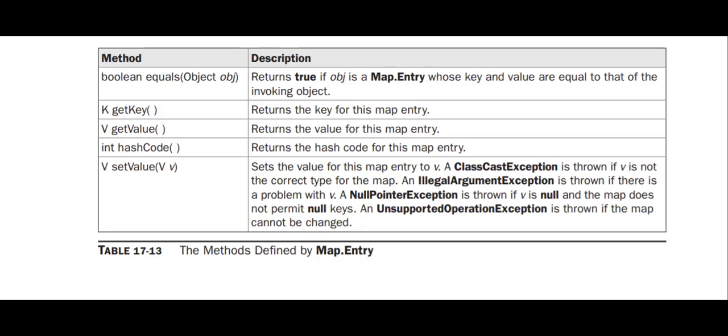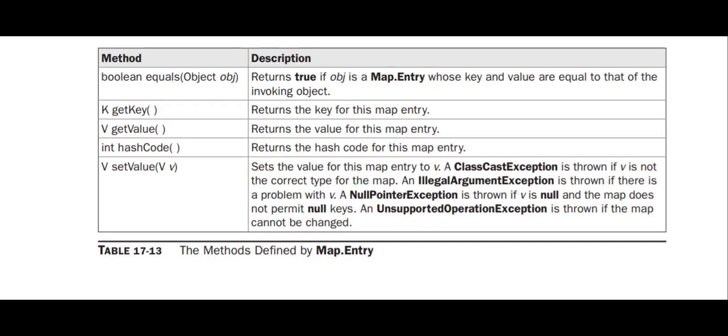The getKey method returns the key of a map entry. So whatever map entry we are invoking it on, it will return its key. The getValue method returns the value of a map entry. So on a map entry, we call this method and it will return its value. Then hashCode returns the hash code of the map entry.